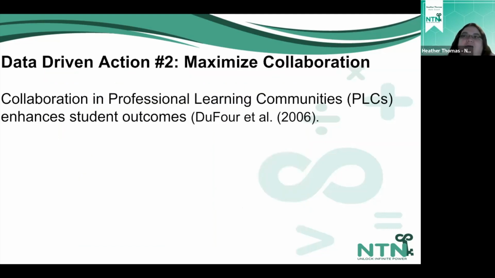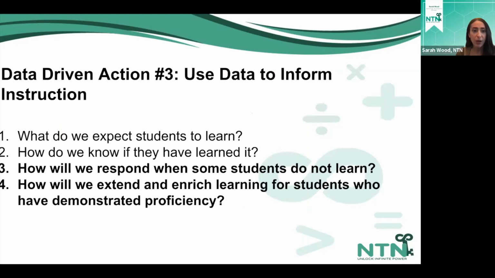So we've talked about what we expect students to learn and how we know they have learned it. And Sarah is going to talk about the last two questions and what we do with the data once we get it. So for this last piece of information, how will we respond when some students do not learn, and how will we extend and enrich learning for students who have demonstrated proficiency?